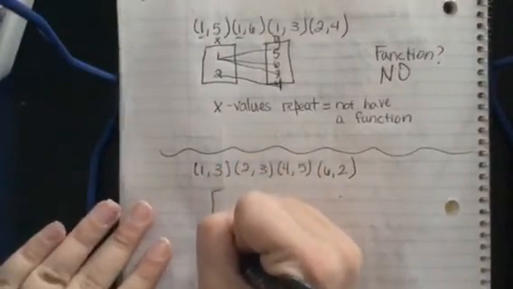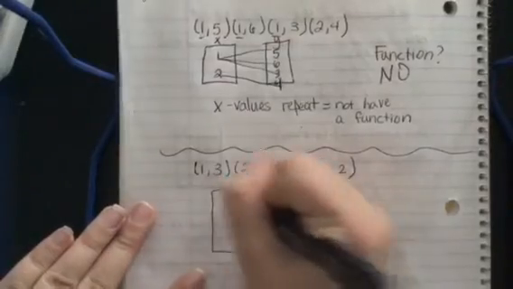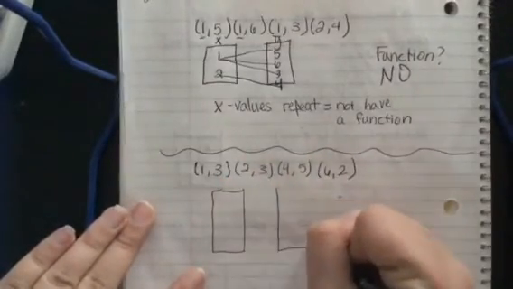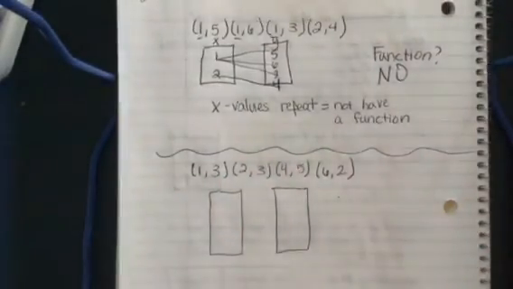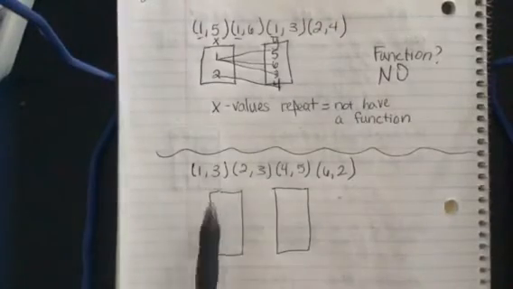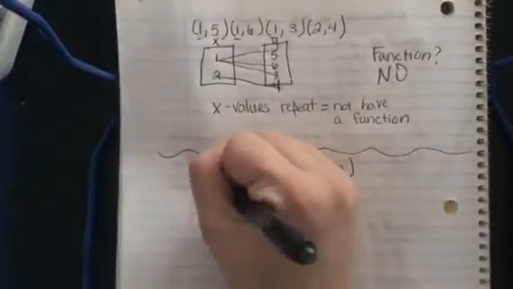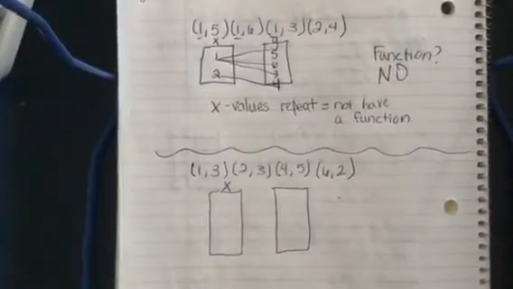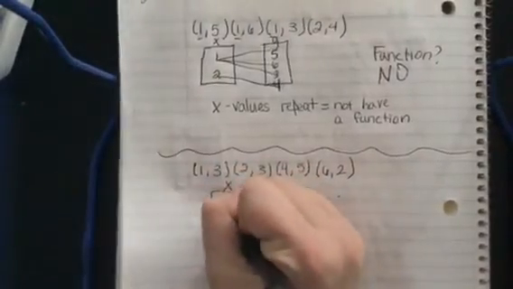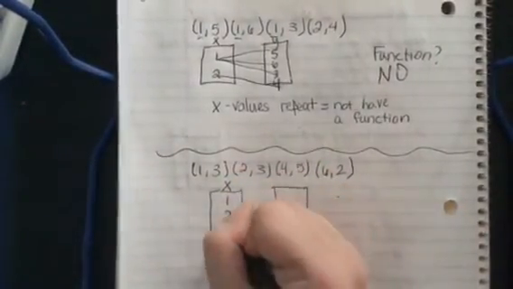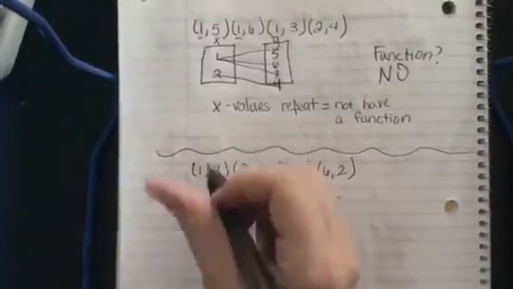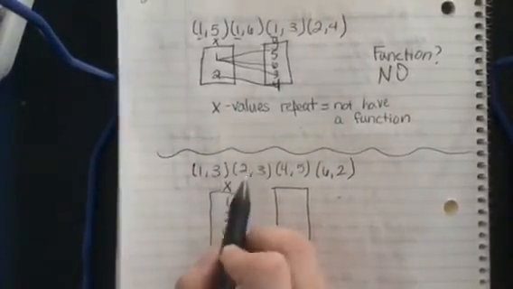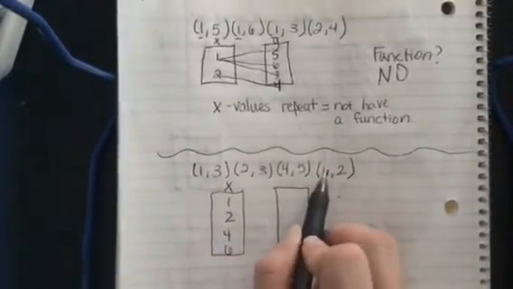Let's see if I can make my boxes big enough this time. Okay, can somebody give me my x values? Because I'm going to put my x values on the left. 1, 2, 4, and 6. My x values are 1, 2, 4, and 6.